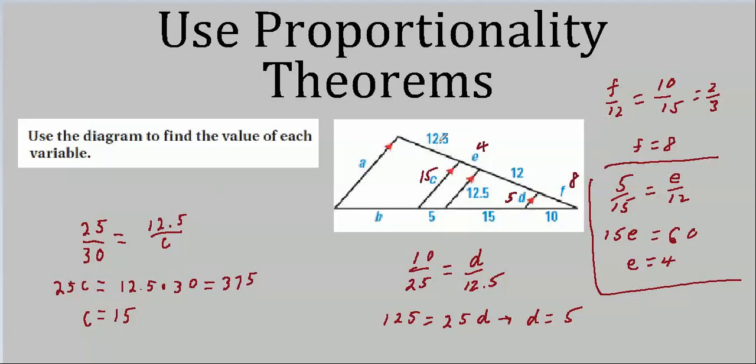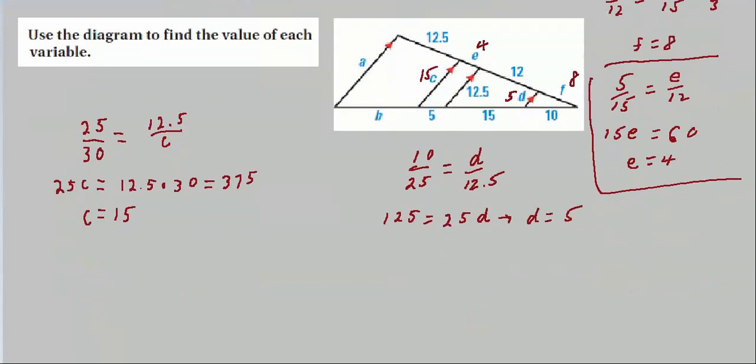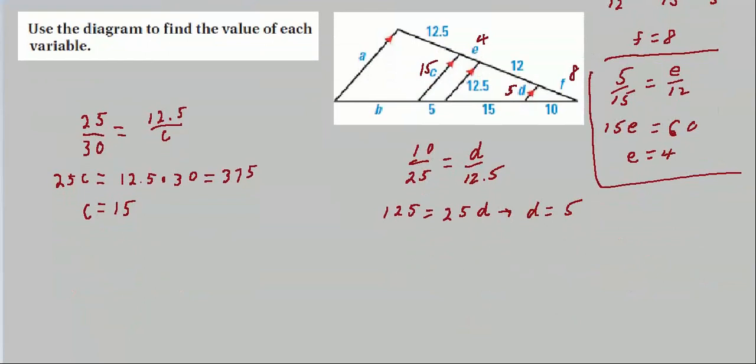Now what we need is A and B. Well, B should be pretty easy. Remember, these sides are broken up the same as these two sides. So 4 over 12.5 should be the same as 5 over B. And now what we need is a little bit of room, don't we? There we go. Hope I didn't make you seasick.